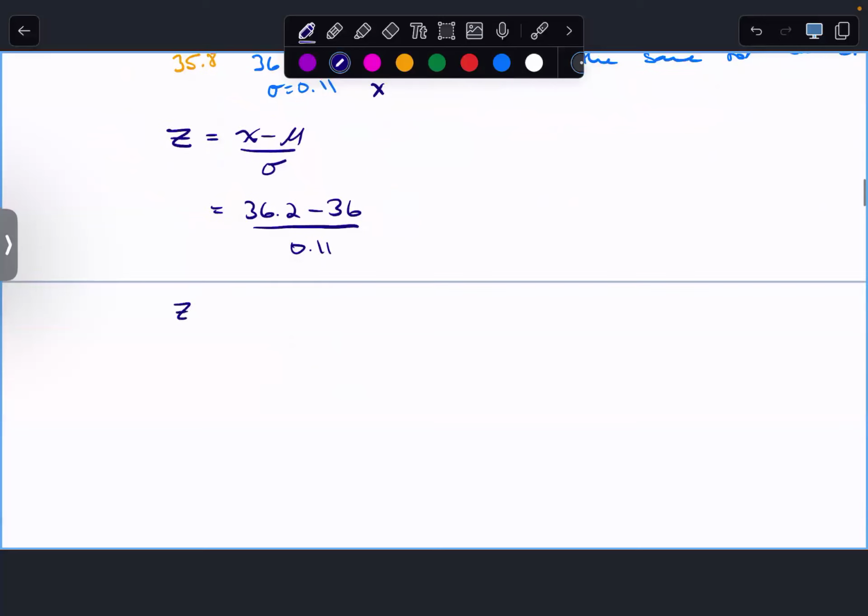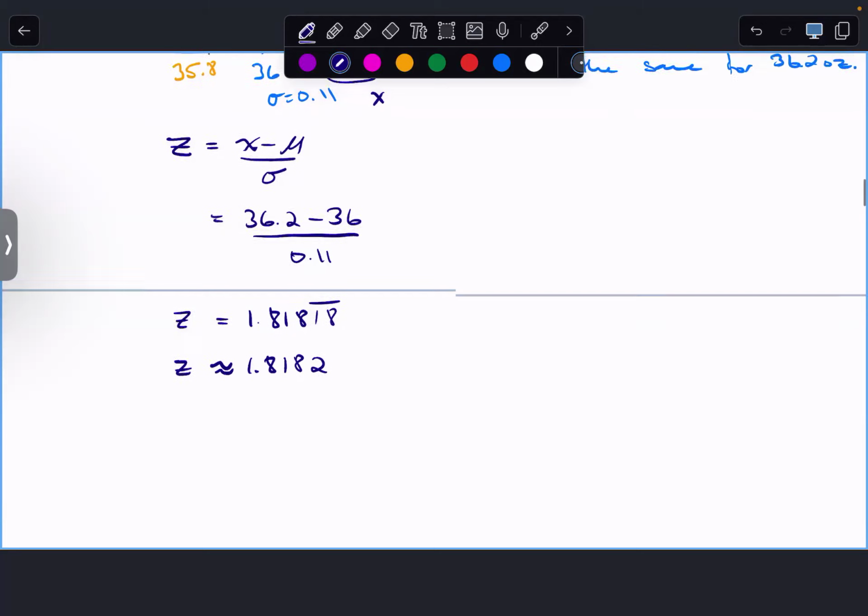Surprise, surprise. 1.81818, repeating. So Z is roughly 1.8182 again, but positive, which makes sense. We moved the same distance away from the mean on either side, right? Which is not always going to be the case, of course.